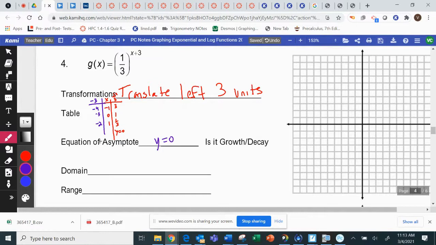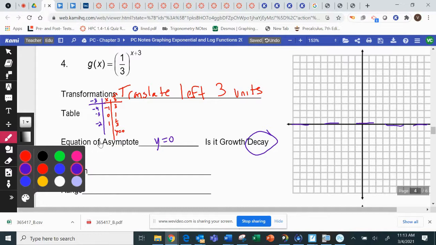Does anybody know if it's growth or decay? It is decay. So -4, 3. -3, 1. -2, 1/3.